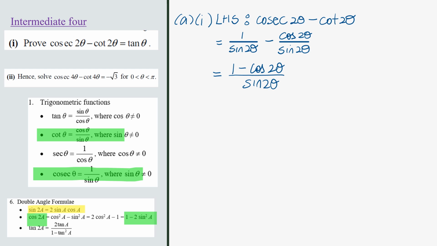The next tricky part is that if you look at cosine 2 theta in the double angle formula, you see that there are three formulas I can use here. It's either cos squared A minus sine squared A, or 2 cos squared A minus 1, or 1 minus 2 sine squared A. So which one to use? I would use 1 minus 2 sine squared A. Why do you want to use that? You'll see why at the next step.